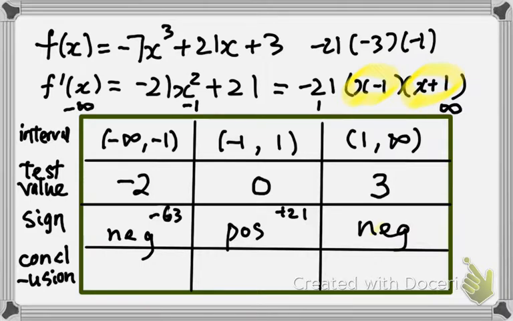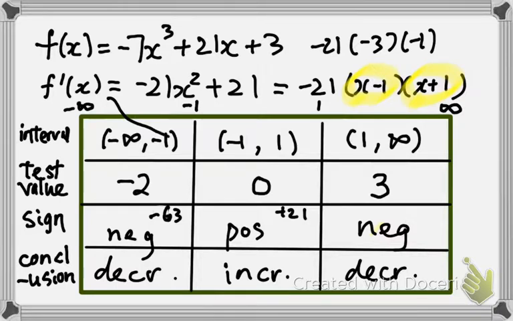Now, using the theorem, we know when the first derivative is negative, the function is decreasing, and when the first derivative is positive, the function is increasing. So now we know this function will be decreasing from negative infinity to negative 1, increasing from negative 1 to 1, and decreasing again from 1 all the way to infinity.